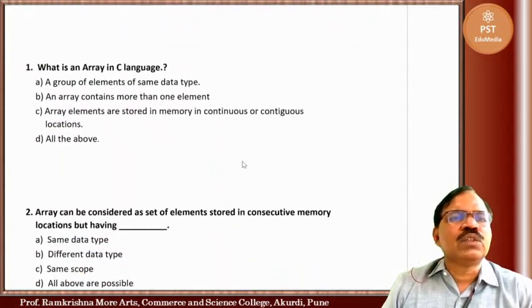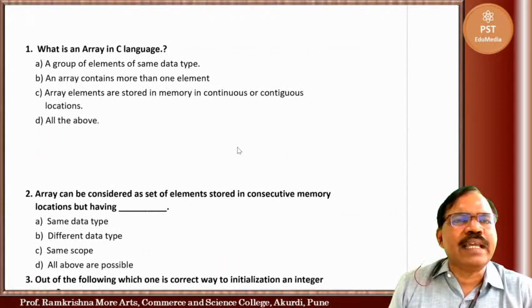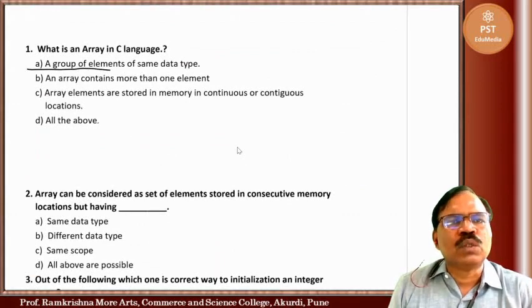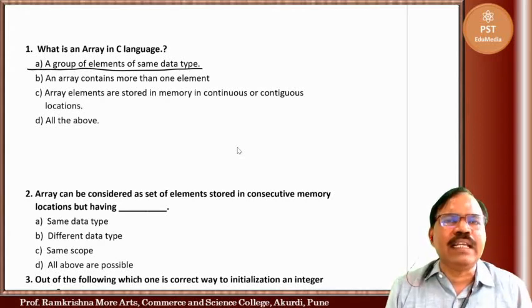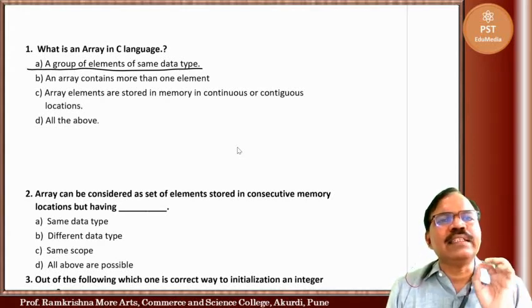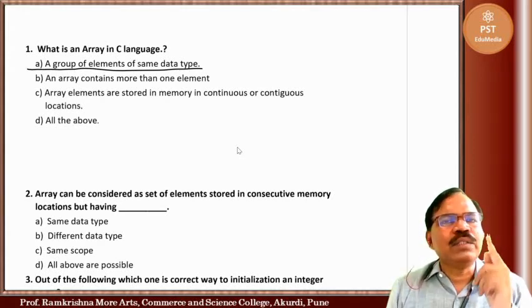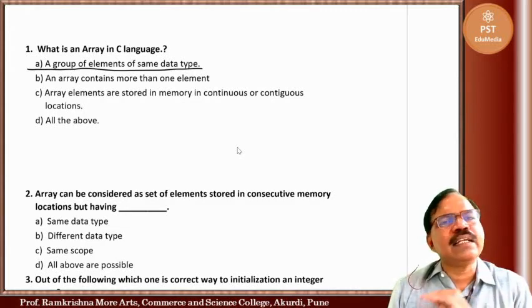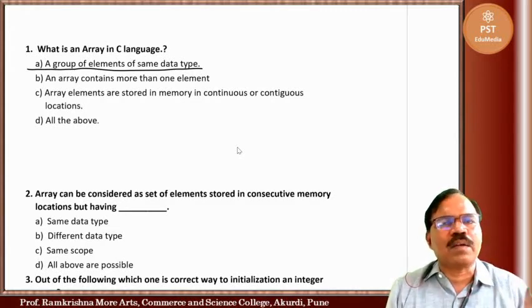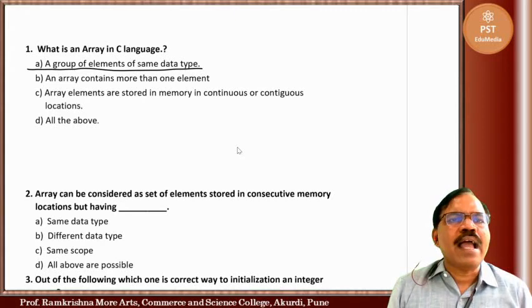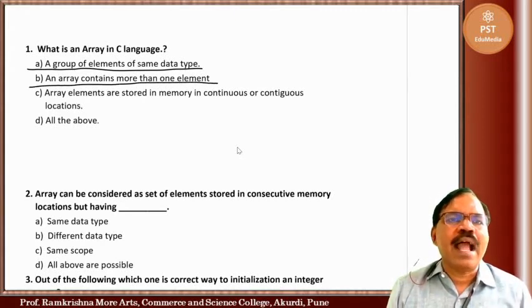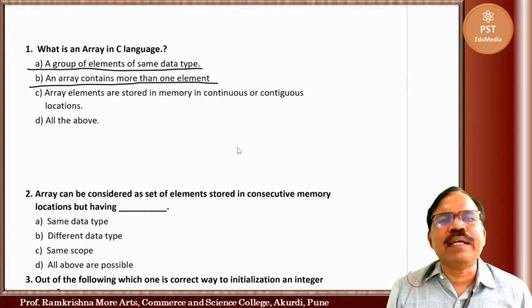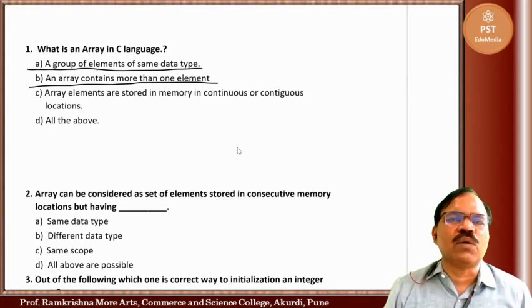Now here, a group of elements of same data type. So you can have array of 5 elements, 10 elements, 20 elements. All elements in that array have the same data type. If they are integer, all are integers. If they are float, all are float. An array contains more than one element. Array elements are stored in memory in continuous or contiguous locations.